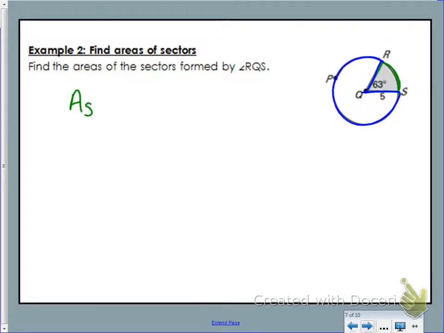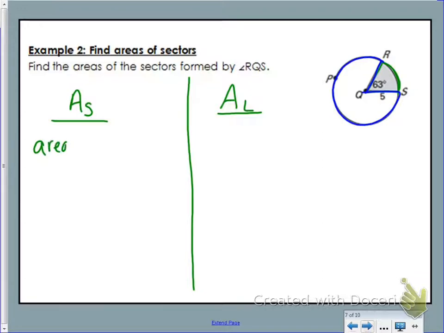So I'm just doing A subscript S for the area of the small sector, and area of the larger sector is A subscript L.